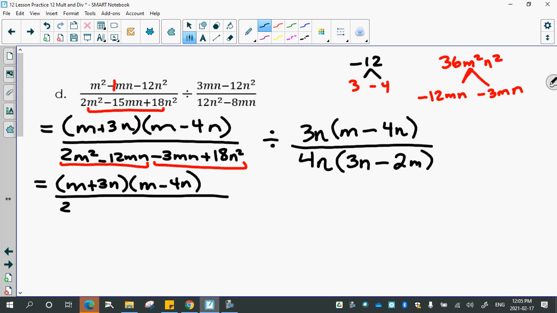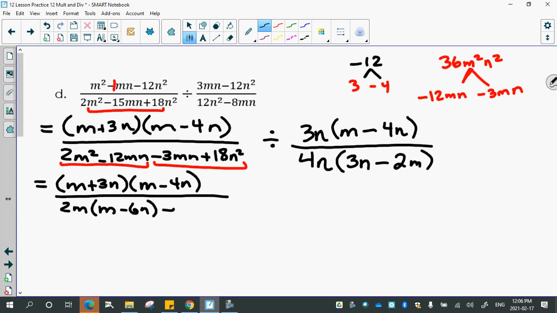So 2m is in common. So you divide each term. So 2m squared divided by 2m is m. Negative 12mn divided by 2m is negative 6n. Sign that comes next goes next.